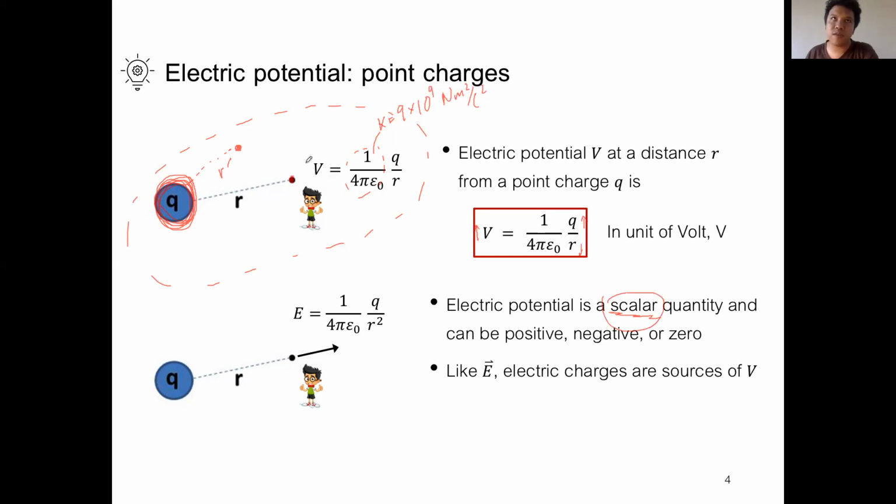For potential, there is only a positive sign, a negative sign, and 0. If we consider just one point charge, a positive charge tends to give you positive potential, and a negative charge tends to give you negative potential.